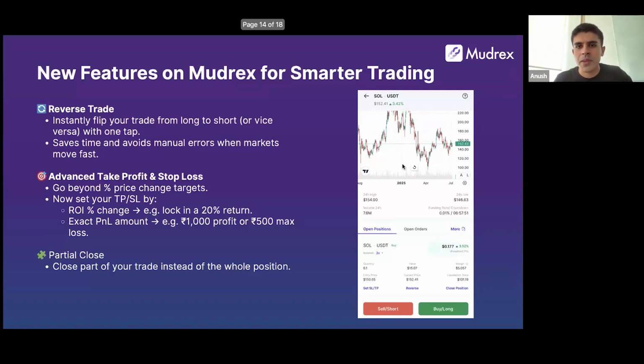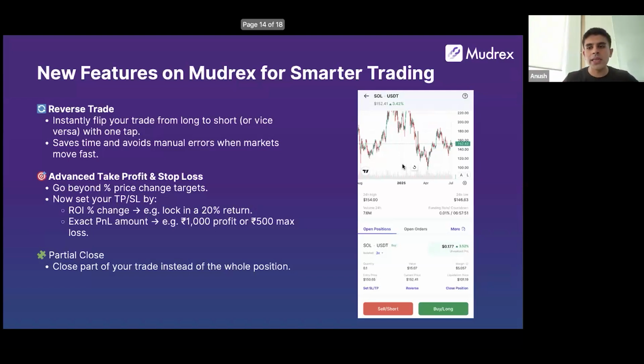All right. The last feature I want to talk about today is something that a lot of traders have been asking for, and we are very thrilled to finally offer it. It's a partial close. Previously, whenever you wanted to exit a trade, you'd have to close the entire position, right?